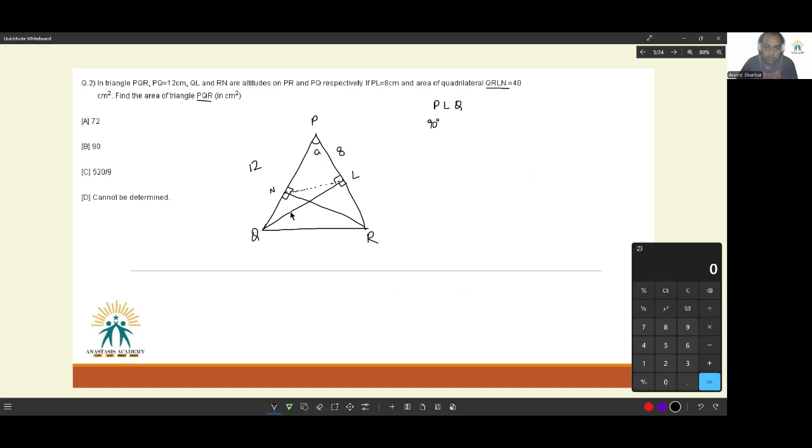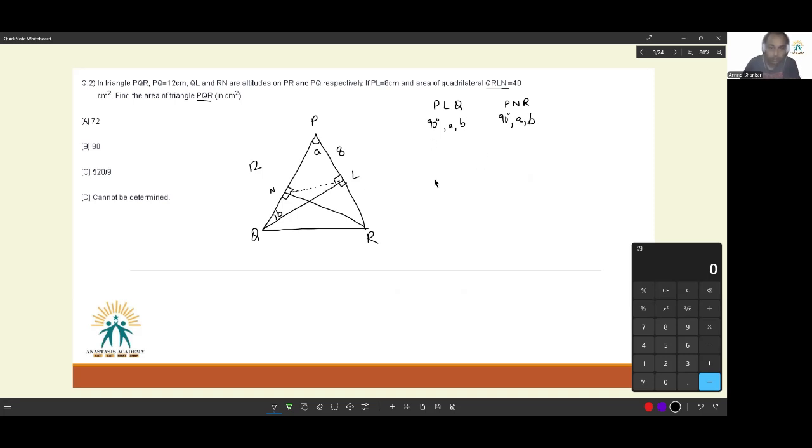This angle, let's call it A. So this will be B. So the three angles here are 90, A and B. And look at triangle PNR. One angle is 90 degrees. This angle P is still common, A. So the third angle has to be B, which means these two triangles are similar.